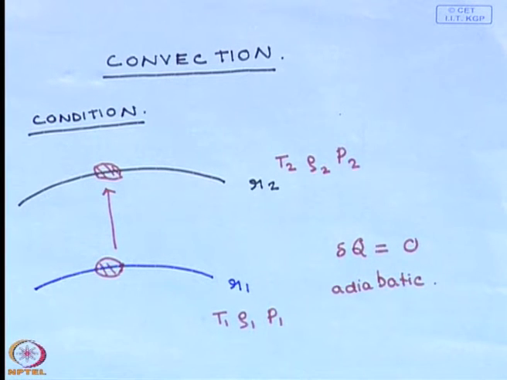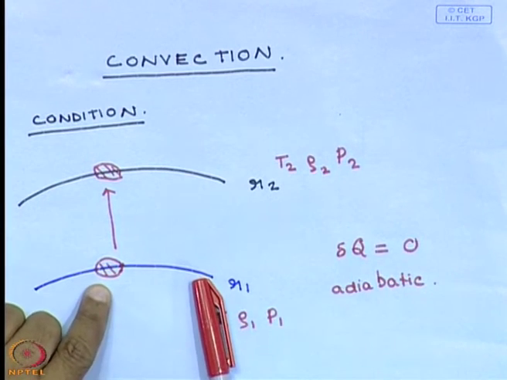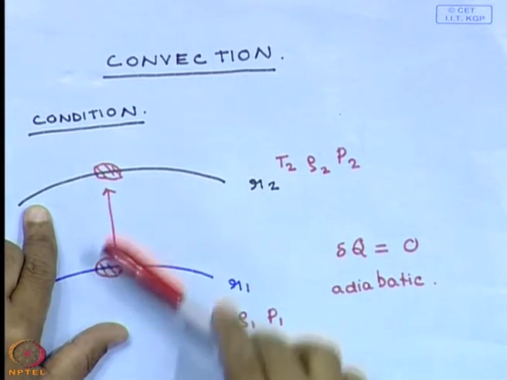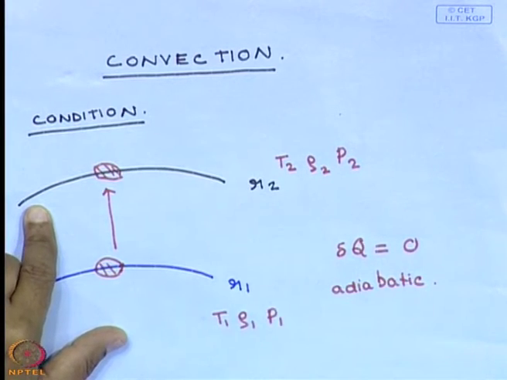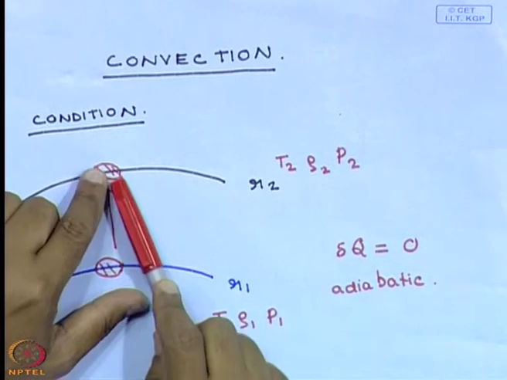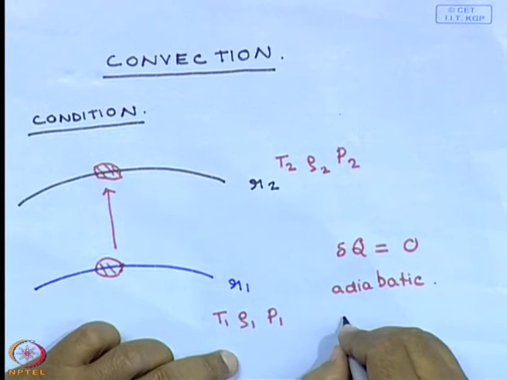And since the bubble moves from a place where the pressure is higher to where the pressure is lower, it has moved up and the pressure is lower outside. So, it has moved to a region of lower pressure, and the bubble is going to expand.